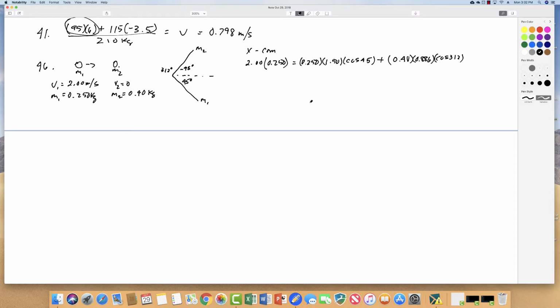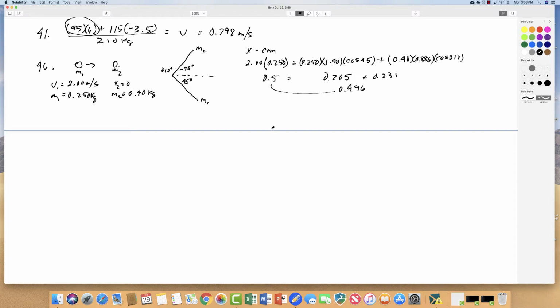And if you do that, this is 0.5, and this is going to be 0.265, and this is going to be 0.231. If you add these two together, you get 0.496, which is close enough for rounding.